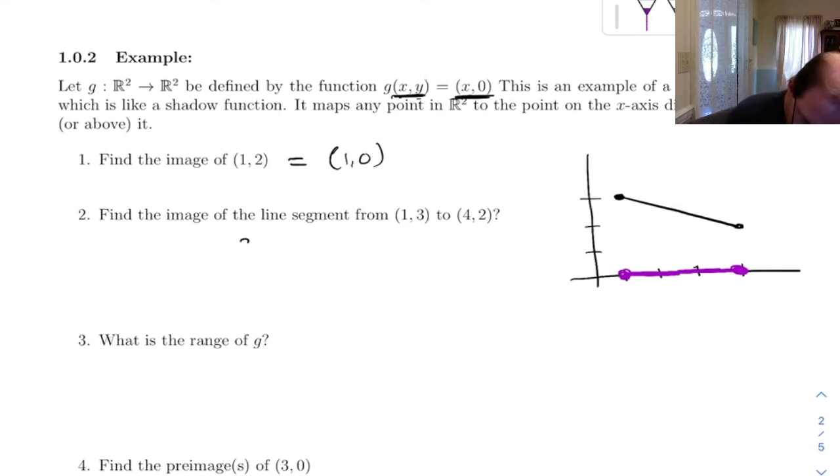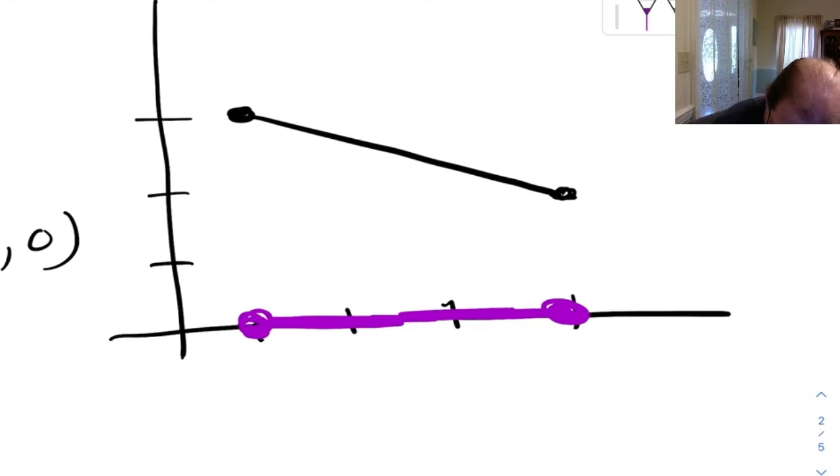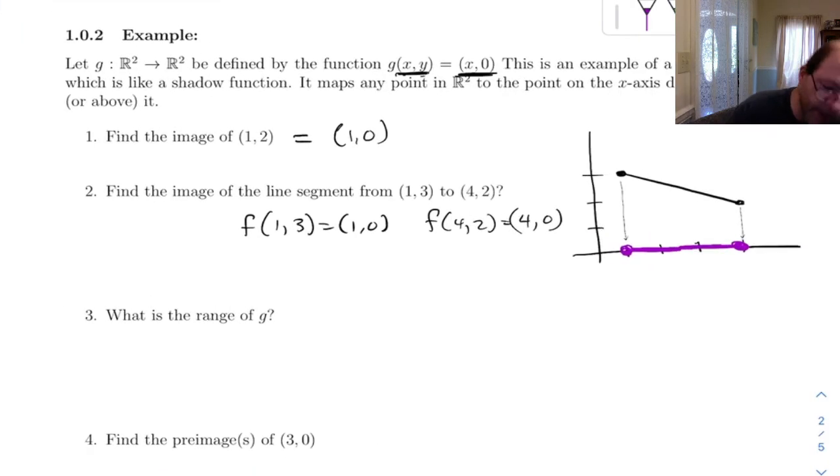And notice the image of the endpoint, image of (1, 3) is (1, 0). Image of (4, 2) is (4, 0). So if you want to, you can draw little arrows here, like that. And then everything in between just also goes down.